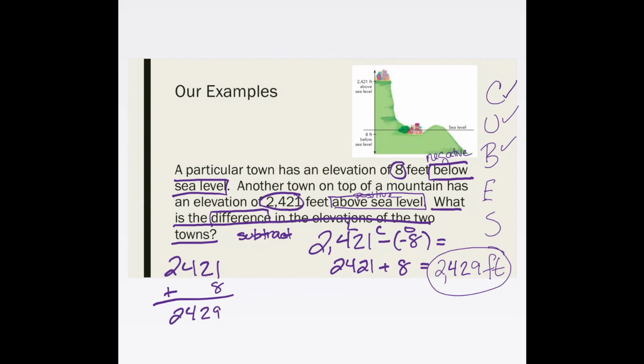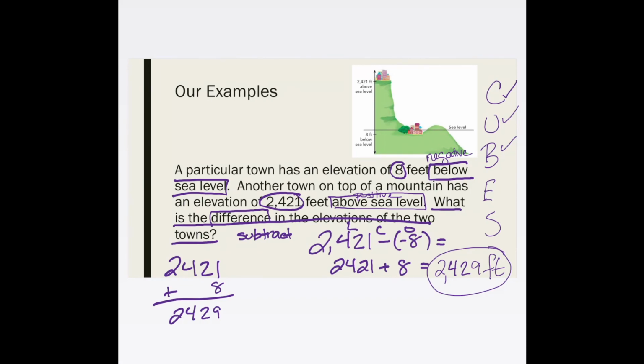All right, here we go. This question is a lot like the last question, except now we're talking about two different towns. A particular town has an elevation of 8 feet below sea level. Another town on top of a mountain has an elevation of 2,421 feet above sea level. What is the difference in the elevations of the two towns?